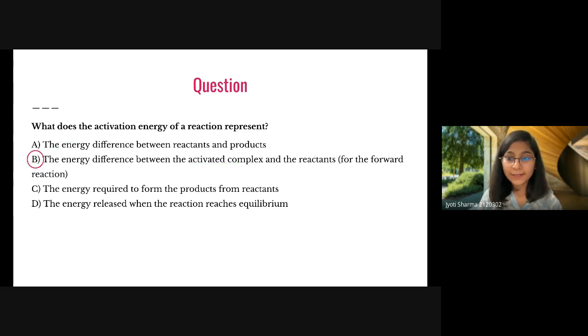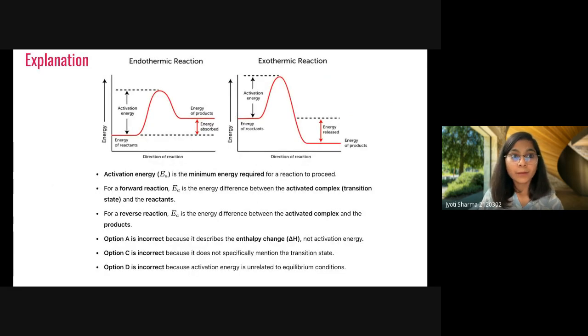So B is the right answer, and let's explore more about the activation energy. So here, initially we have the energy of the reactant, then it will form some complex, and while forming that complex we need some energy, and that energy is known as the activation energy.